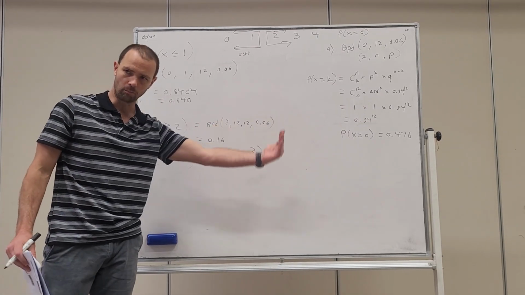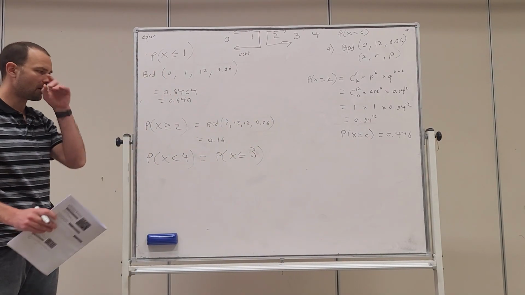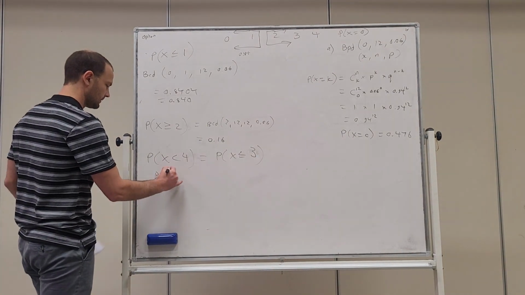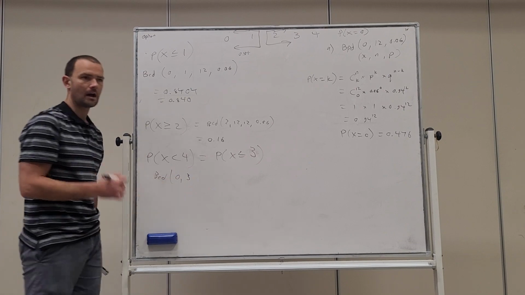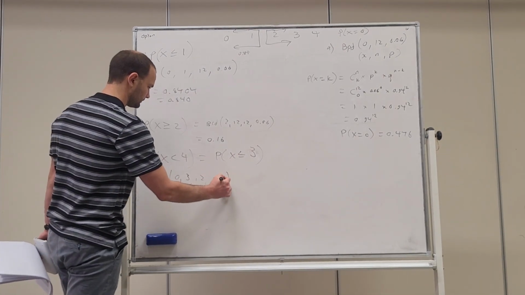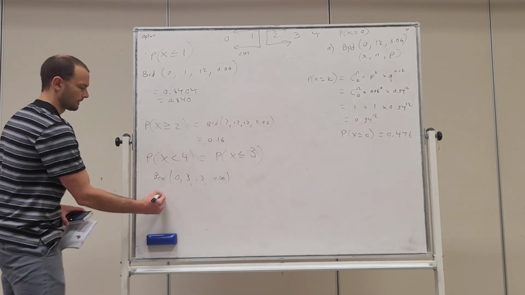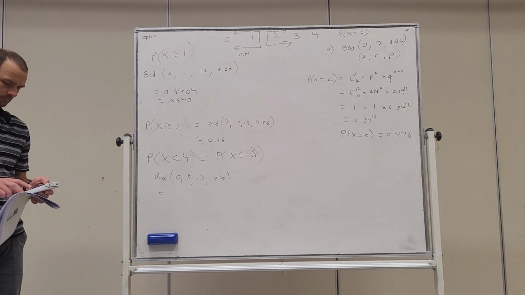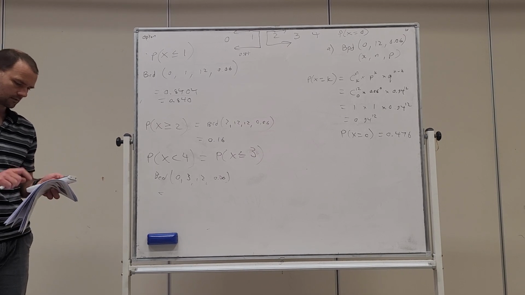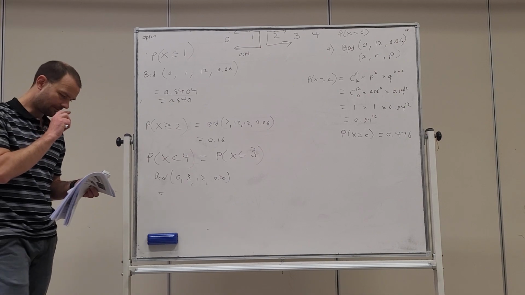The next whole possible value that could occupy is 3. So this is a BCD from 0 to 3. Our upper boundary is 3. 12 trials, 0.06. 0, 3, 12, 0.06, 0.9956.